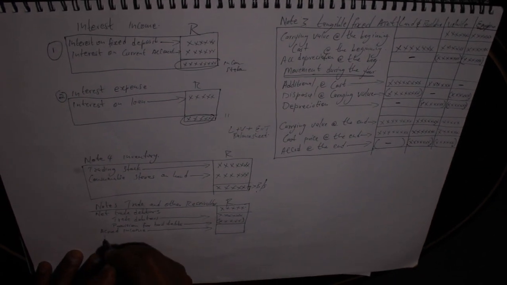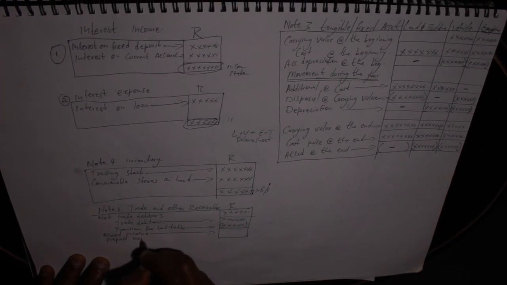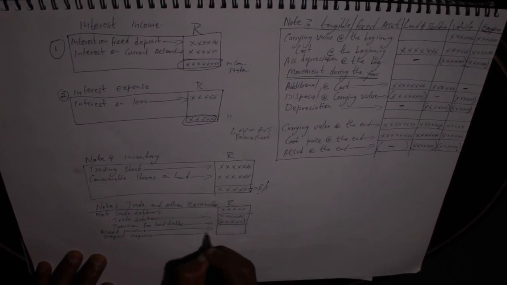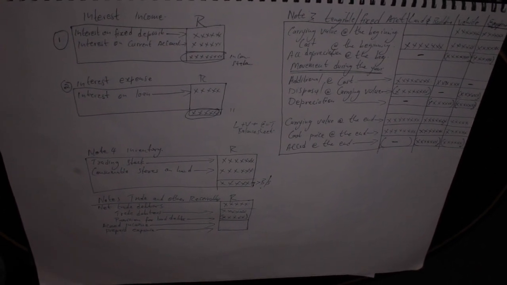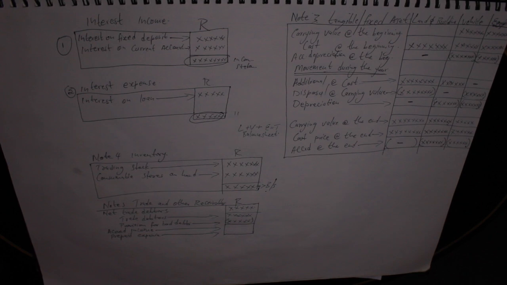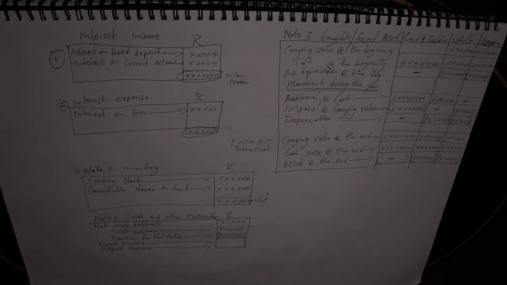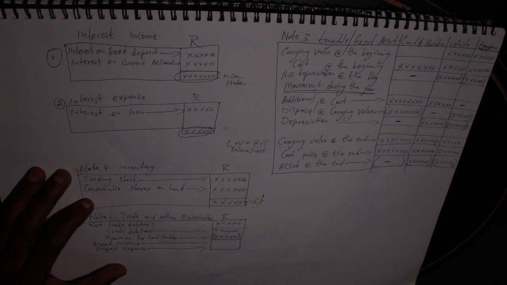The next item will be prepaid expense. Let's just say we have advertising. We pay advertising each and every month. It is an expense, right? But what happens when we pay the advertising company in advance? We pay it before time.